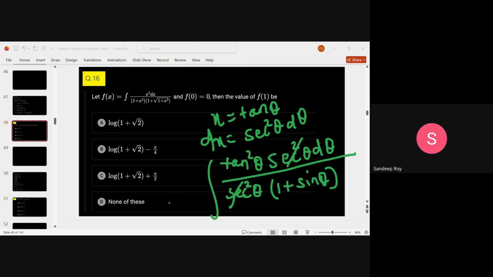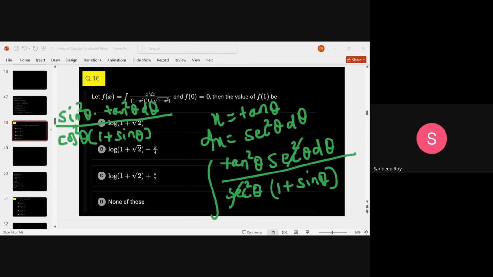So what I mean to say, write this as sine square theta divided by the denominator part, that is cos square theta times 1 plus secant theta. Now you split sine square theta as 1 minus cos square theta.